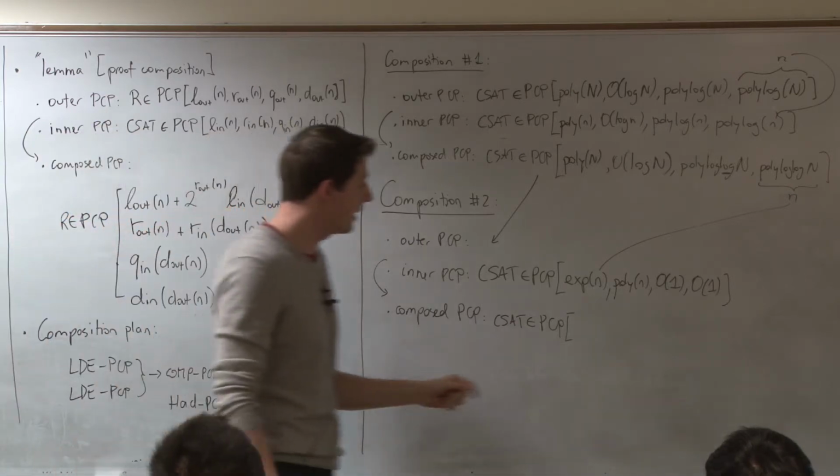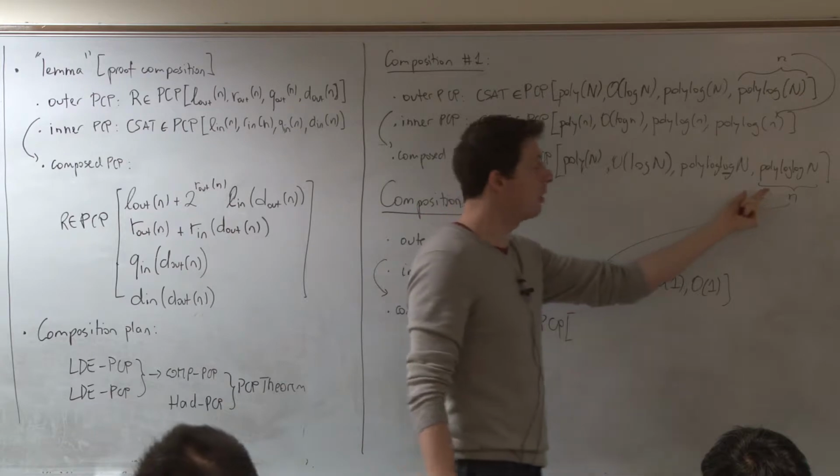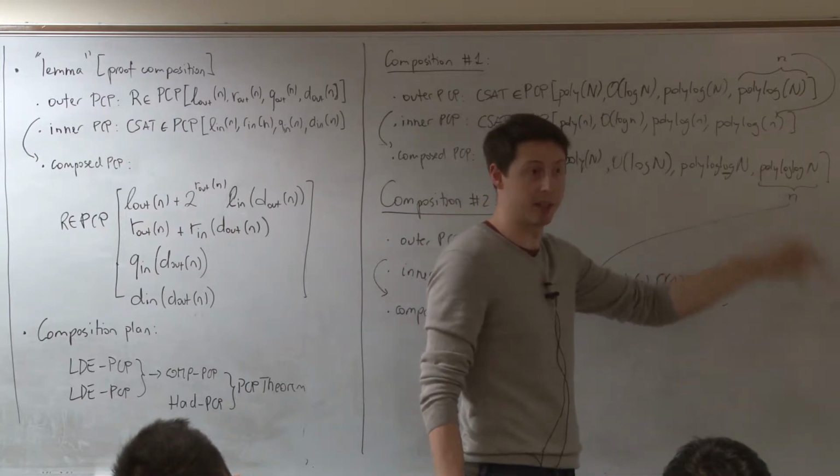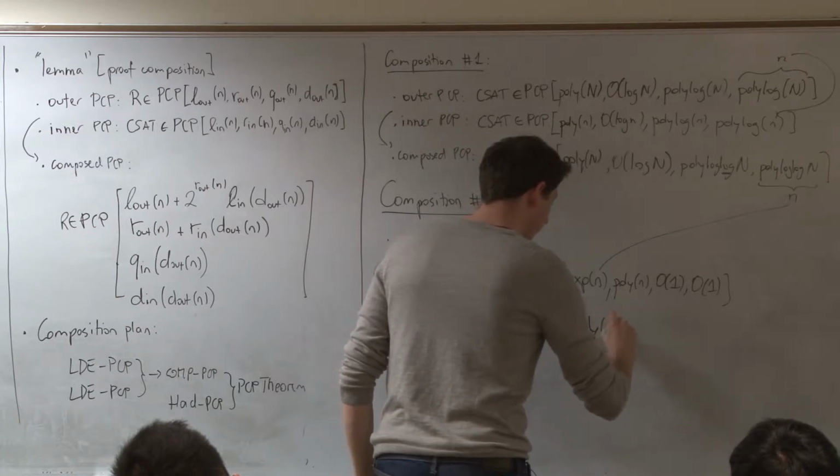So here it says poly of poly log n. That's fine, right? So overall, we still get poly n.